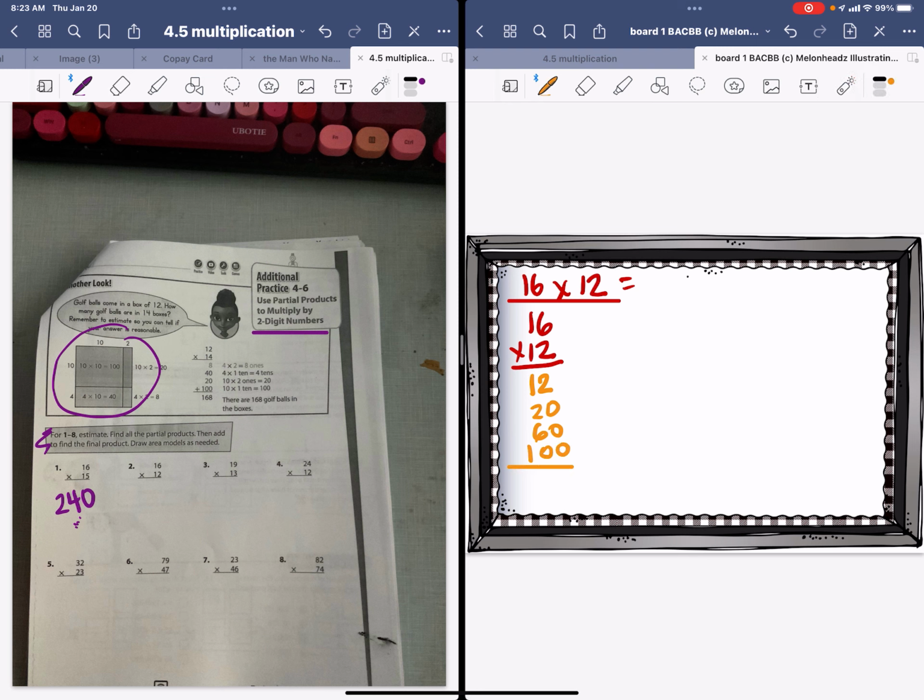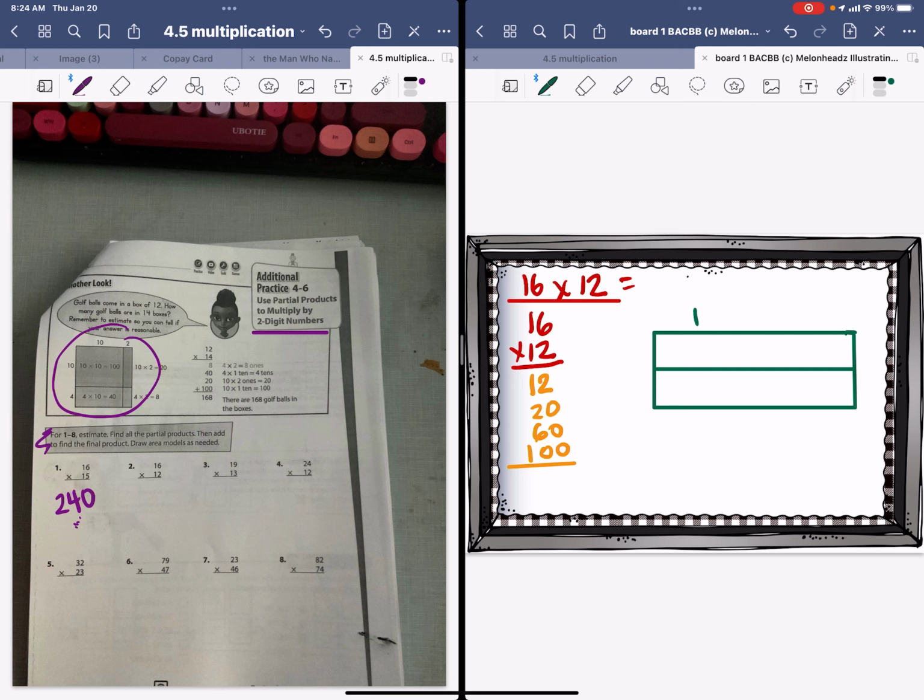And they're wanting us to use the area model. Okay? So here is my area model. So we're doing 16 times 12.